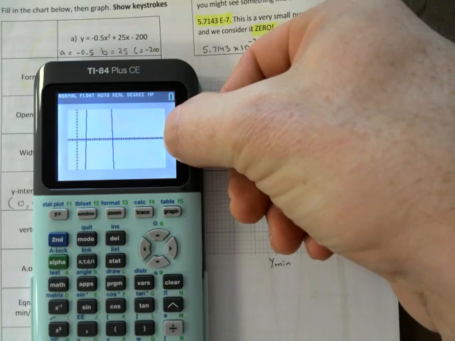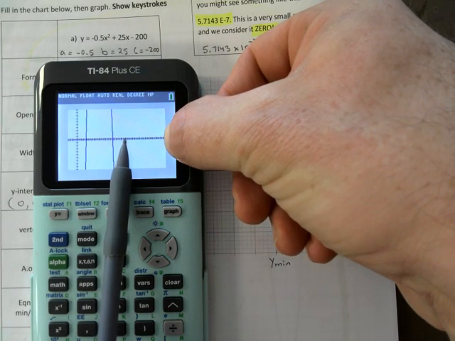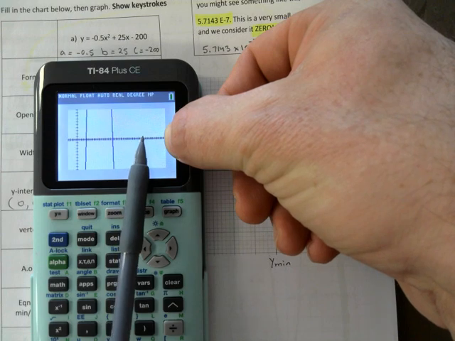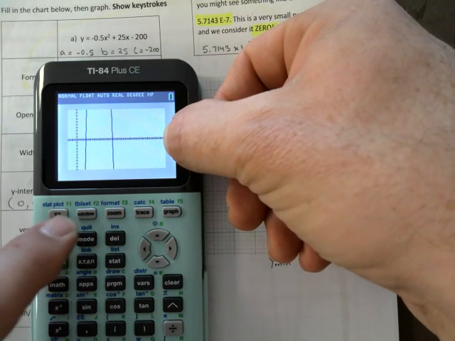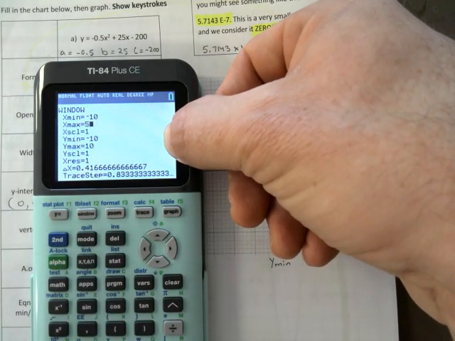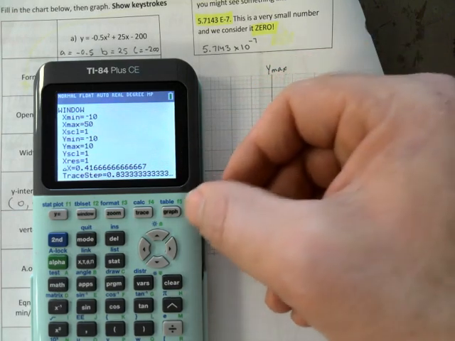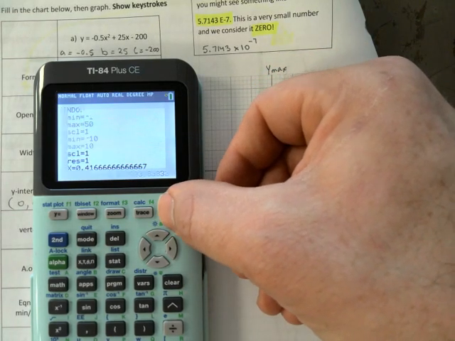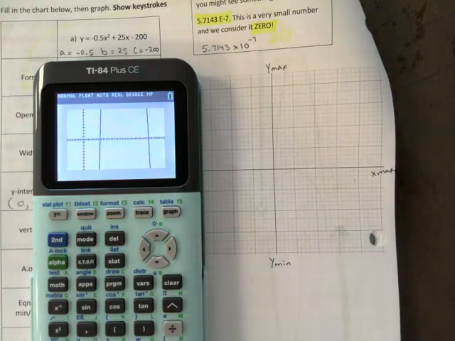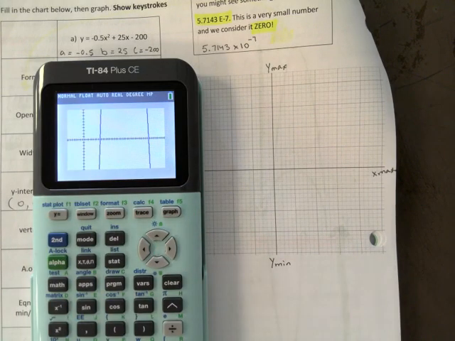If this is 100, then 50 is right about there. So we overdid it. Does it matter? It doesn't matter. But I'm going to go back to my window and change it to 50. X max back to 50 because I want you to have a nice view of it. Okay? Hit graph again. That's not bad, right? We know that where is the vertex, above or below the x-axis?